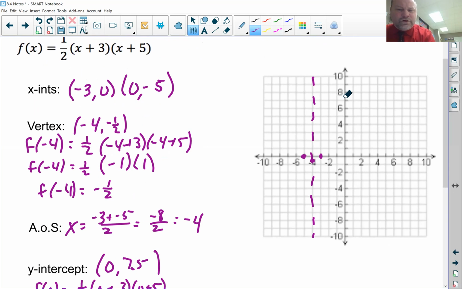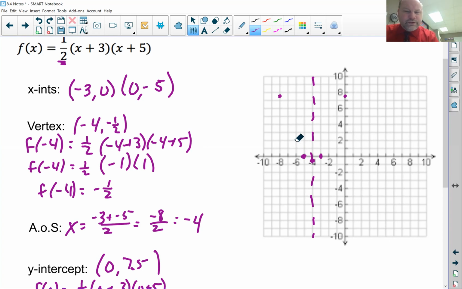That's 4 away from the axis of symmetry, so we go 4 the opposite way. If we wanted to, we could use our step method, but remember we have that 1/2 we have to multiply by. So over 1 up 1 times 1/2, which is 1/2, over 1 up 3 times 1/2, that's 3/2.